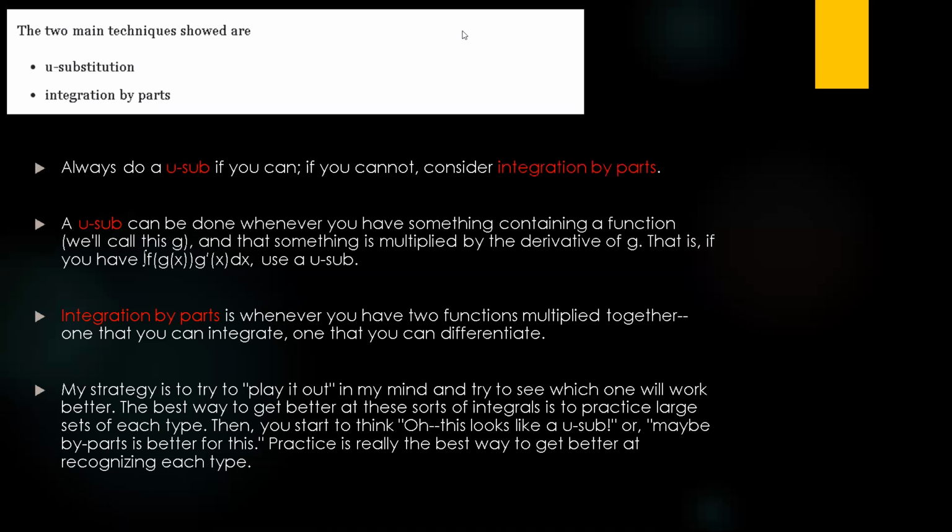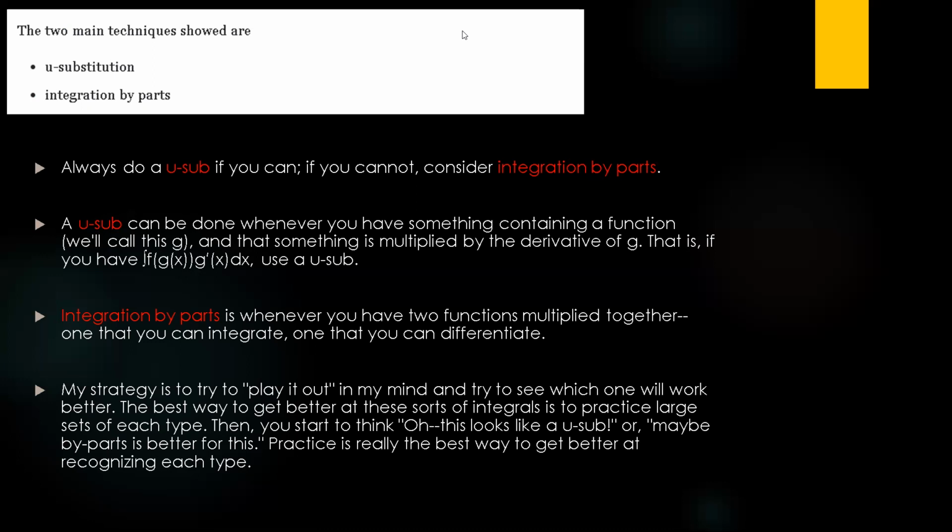Now, when do we use U substitution and when do we use integration by parts? Always do a U substitution if you can. If you cannot, use integration by parts. So the priority is U substitution: if you can solve the integration by U substitution, do it. If you cannot, go to integration by parts.